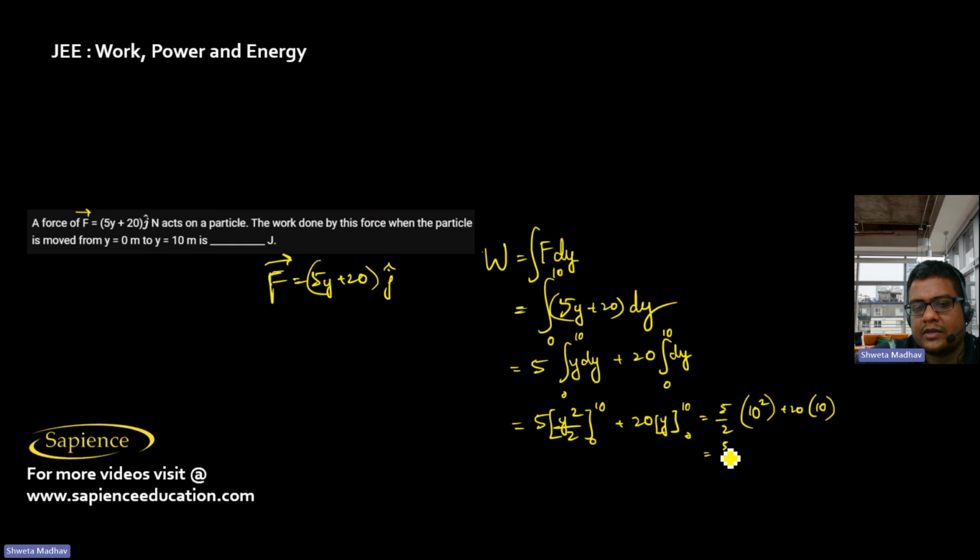So this will be 5 by 2 into 100 plus 200. 2 5 is 10. Okay. So 5 into 5 is 25, 250 plus 200. So that is equal to 450. So 450 joule is the work done by this force.